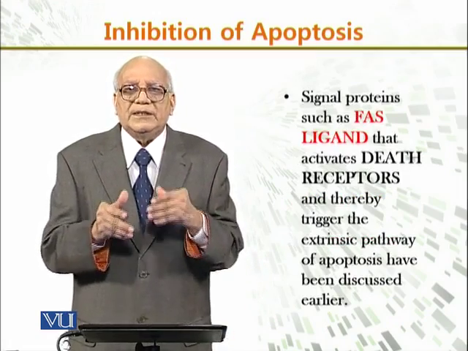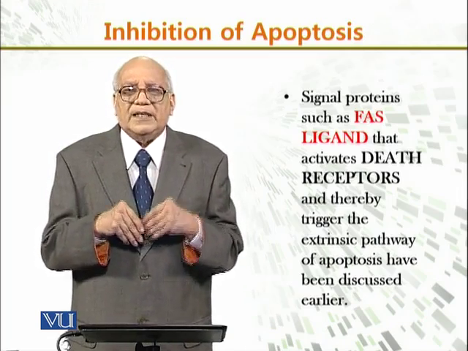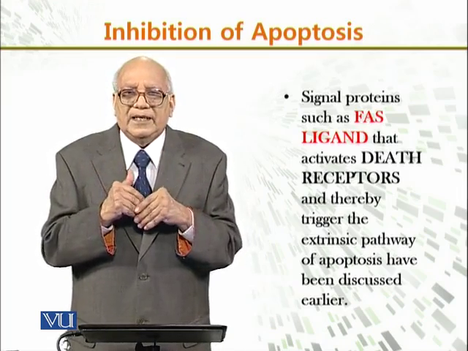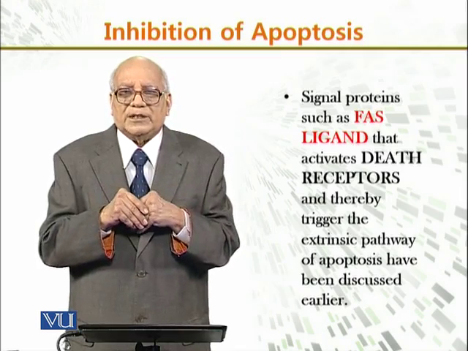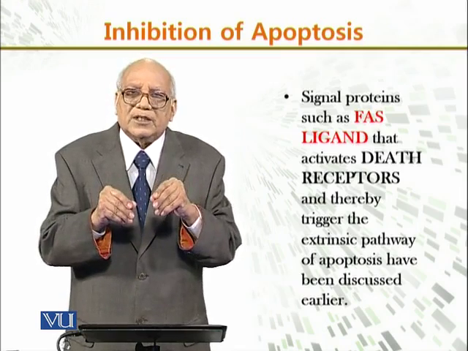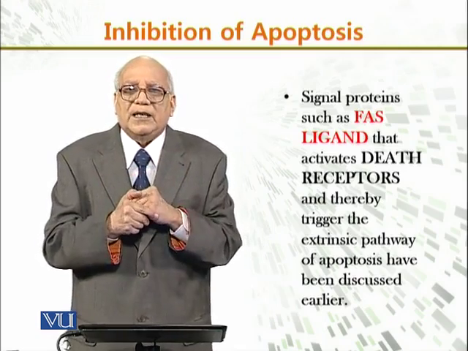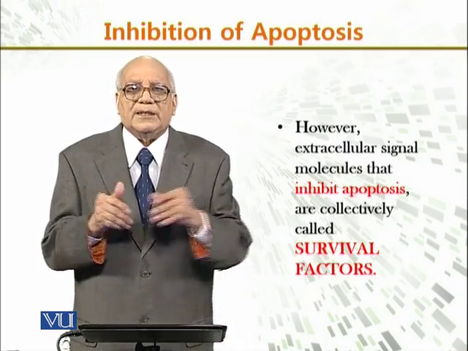So the cell protein हमने पढ़ा, such as Fas ligand that activates the death receptor, जो कि death receptor को activate करते हैं and thereby triggers the extrinsic pathway of apoptosis, has been discussed earlier. We have discussed that earlier, what is the role of the Fas ligand on the death receptor.